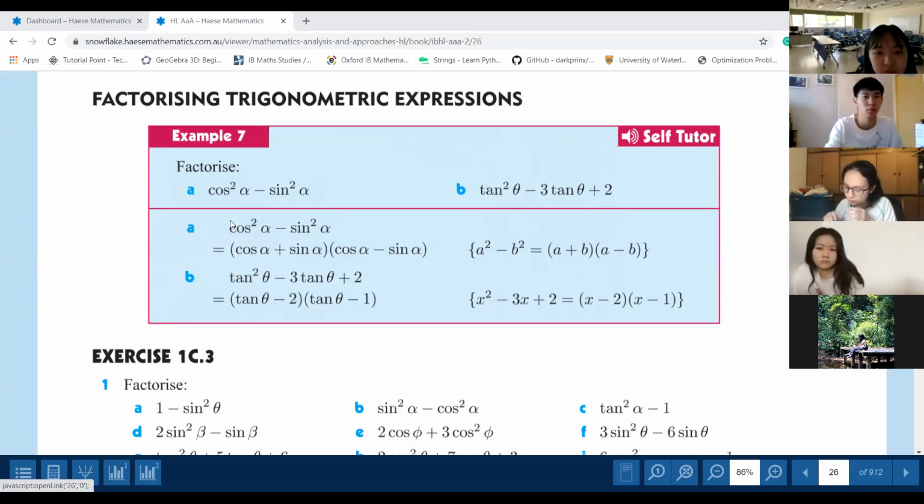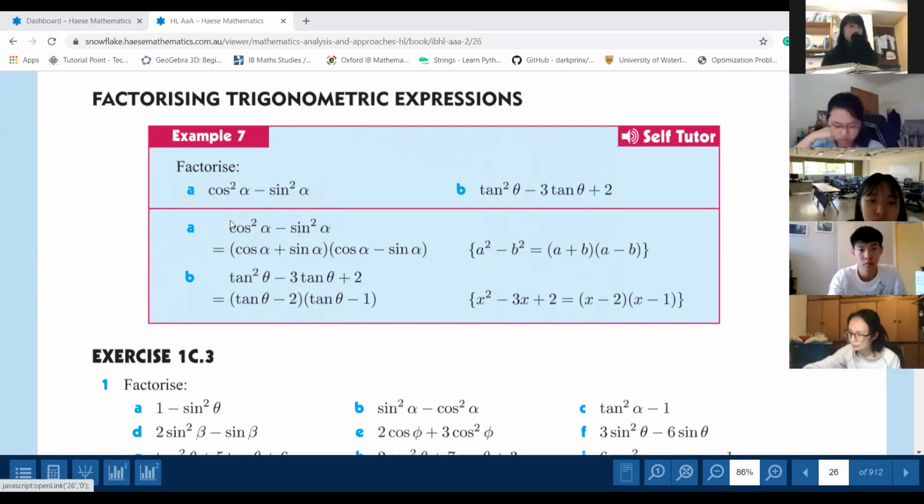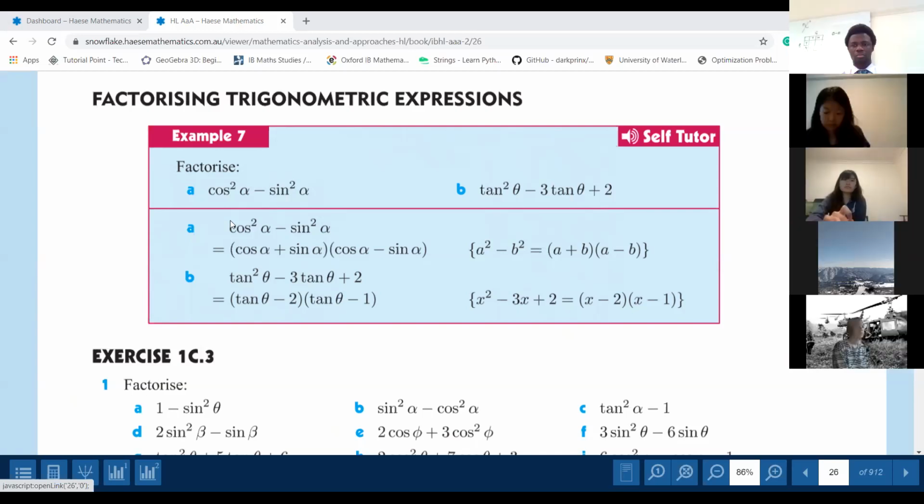We have seen that the algebra of trigonometric expressions is the same as for any other algebraic expression. We have collected like terms, taken out common factors, and used expansion rules. In this example, we will use factorization rules. In part A, we have a difference between two squares. We can compare it with the factorization of a squared minus b squared. The first factor is cos alpha plus sin alpha, and the second factor is cos alpha minus sin alpha.